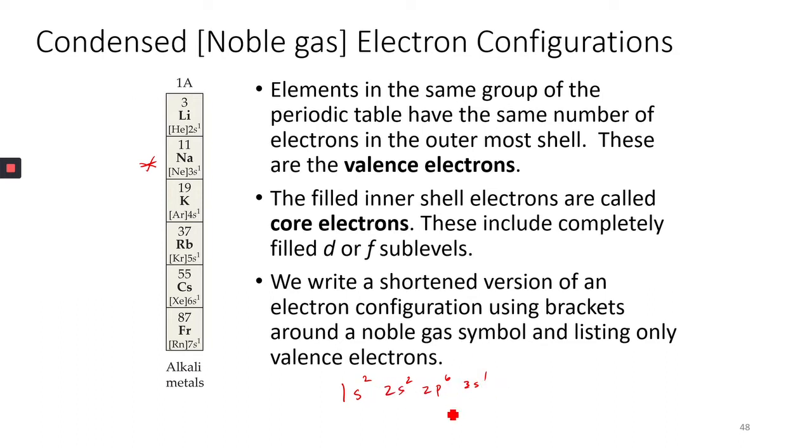So what you do is you look at the periodic table and you find the noble gas that comes before sodium. The noble gas that comes before sodium is neon, and neon has 10 electrons. That takes care of this. So then all you write is what comes after that. And this is called your noble gas notation. And in a few slides, I'm going to show you a periodic table which helps you do this even quicker and easier.